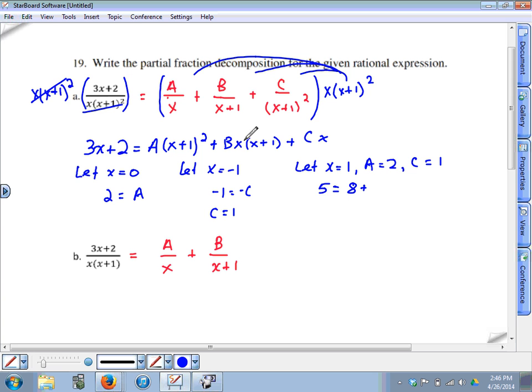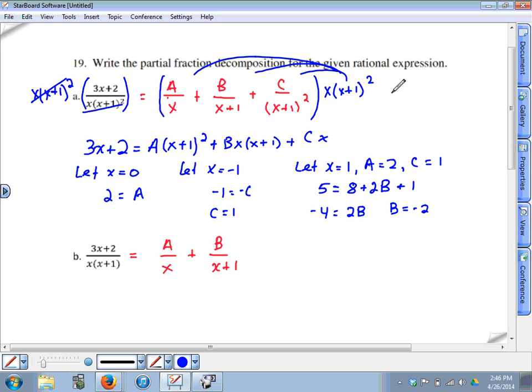Now we don't know B, but we know that we're letting x equal 1, so 1 plus 1 is 2, 2 times this 1 is still 2, 2 times B is 2B, and then we know that C is 1, and if x is 1, 1 times 1 is 1. Now 8 plus 1 is 9. If you subtract 9 from 5, you get negative 4 is equal to 2B, and then you get that B is equal to negative 2.